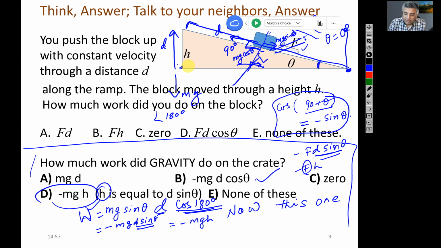So yes, of course, there is more than one way of doing it, okay? But by showing all these, I'm hoping you are catching on to how we find the work done in different situations. And the worksheet has a very similar problem like this, okay?